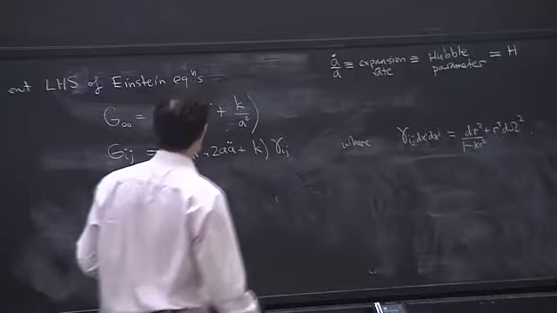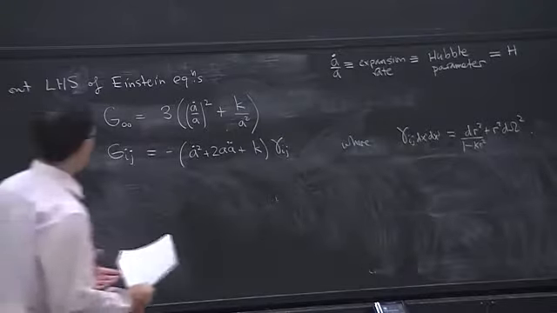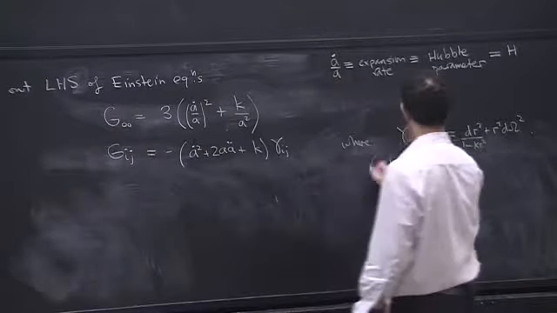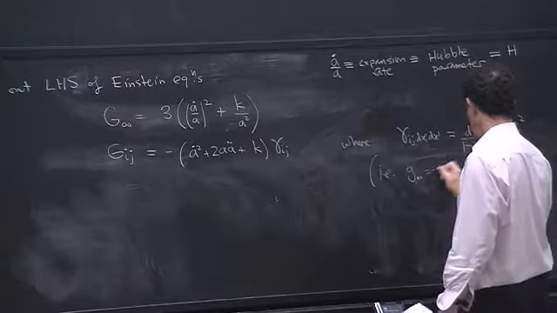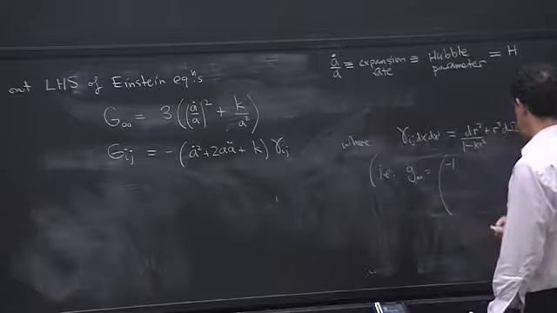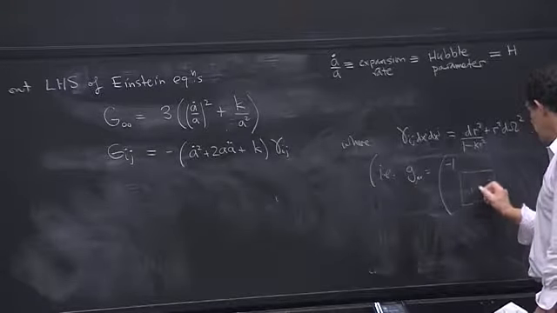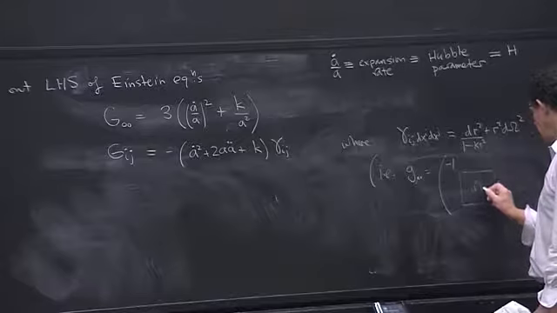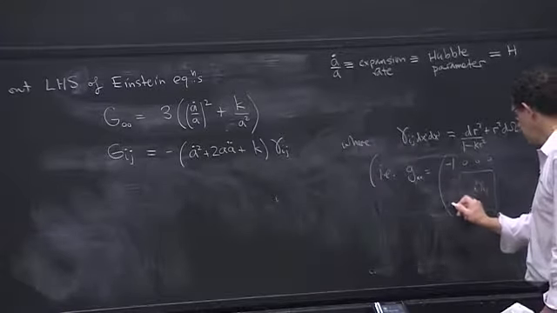So the spatial part of the metric is a squared gamma ij, i.e. g mu nu is equal to minus 1 in the tt direction, then in these three components it's a squared gamma ij, and it's 0 everywhere else.